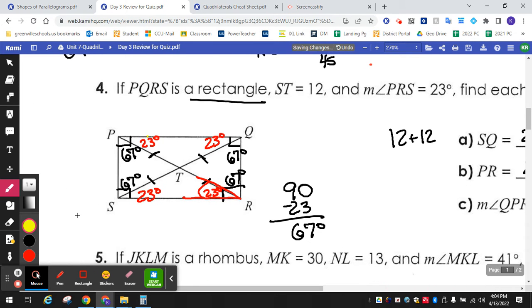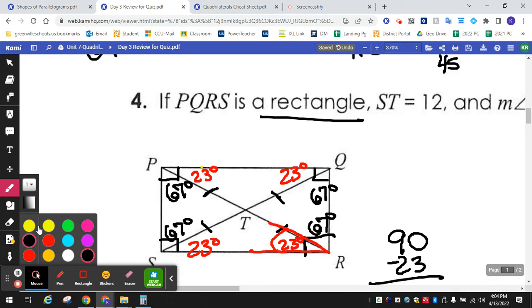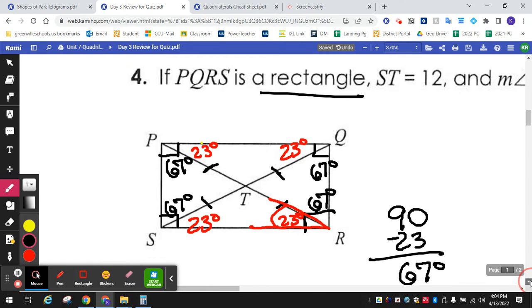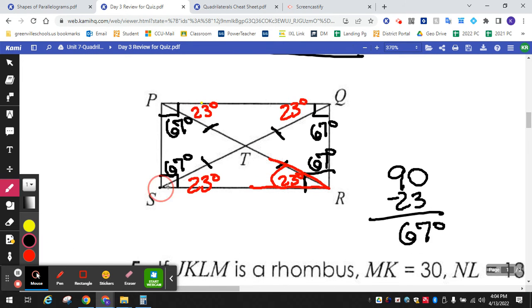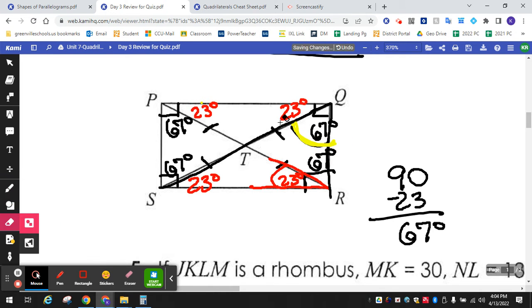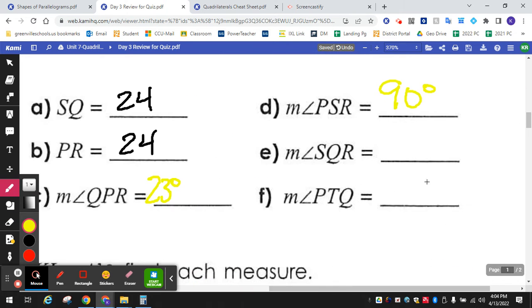From S to Q to R, connect them, 67. And this is the last one we need math for.